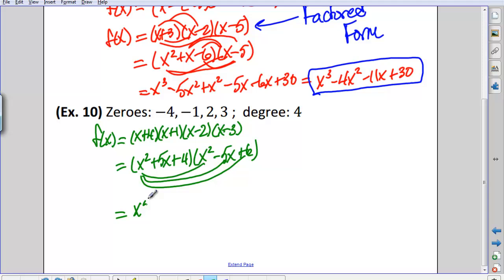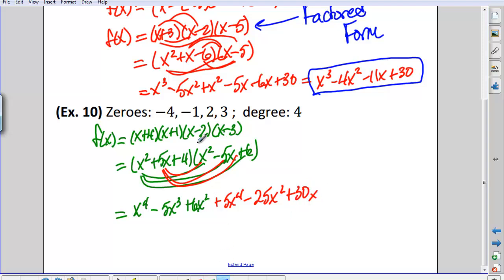You get x to the 4th minus 5x cubed plus 6x squared. And then you do the same thing with the 5x. That would give you a plus 5x to the 4th minus 25x squared plus 30x.